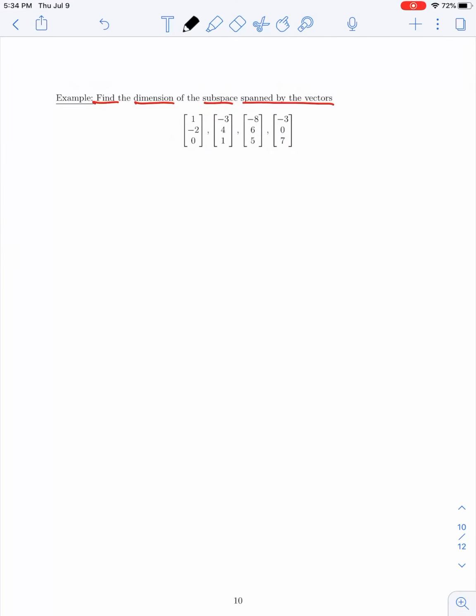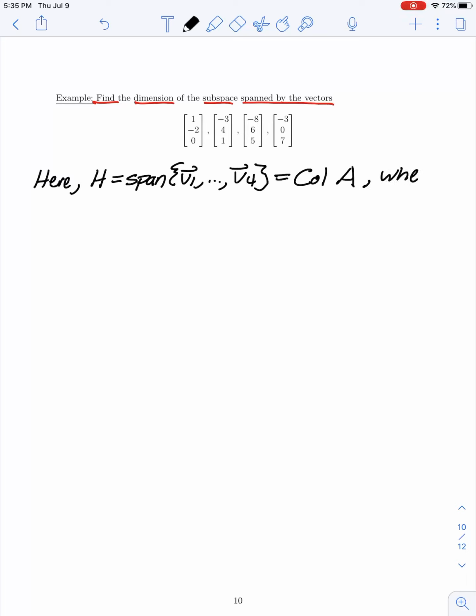And the space that we're considering, H, is the span of this set of vectors, V1 through V4, which could be thought of as the column space of a matrix A, where A is the matrix which has these vectors as its columns.